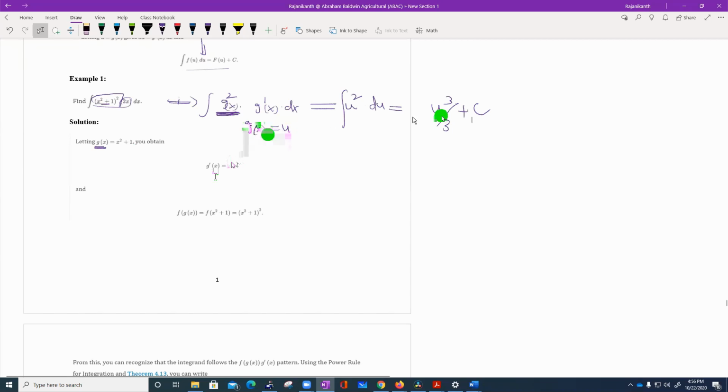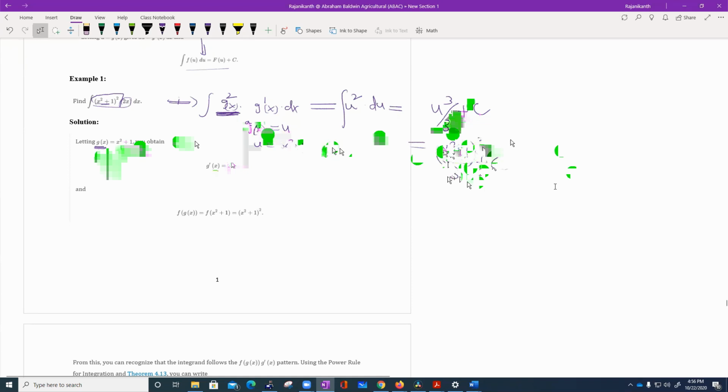What is g(x) actually? g(x) was x squared plus 1. That means u is nothing but x squared plus 1. So once you have the answer, go back and replace u by the original variable. So this is the answer for the given problem. You see, you used this pattern recognizing technique and we found the answer.